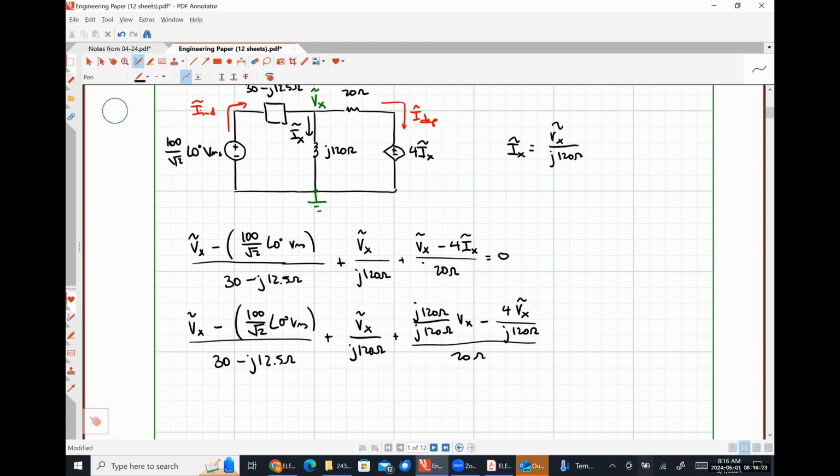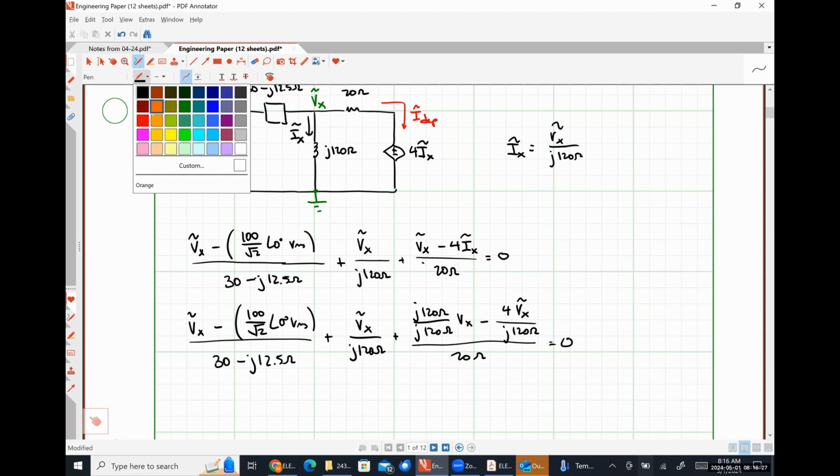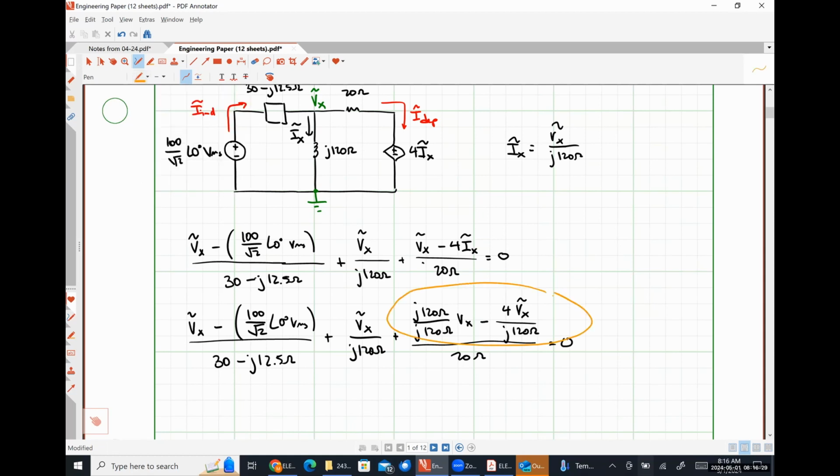So the whole point of that, so I'm going to set this equal to 0, is that now I can lump this together, right? So I have effectively in the numerator a j120 minus 4 times Vx, and I can just take this 120 and multiply it by this 20 down here.